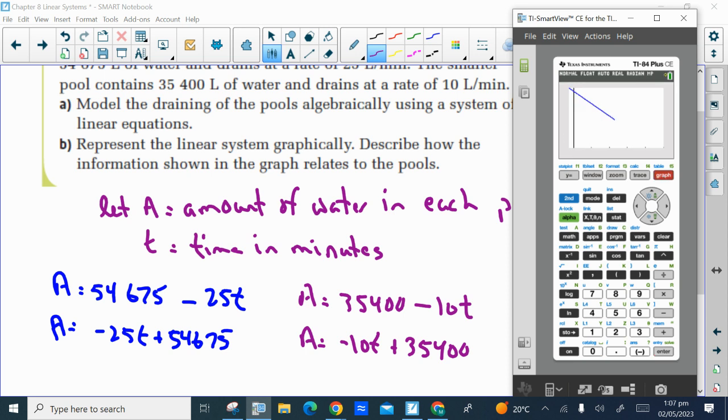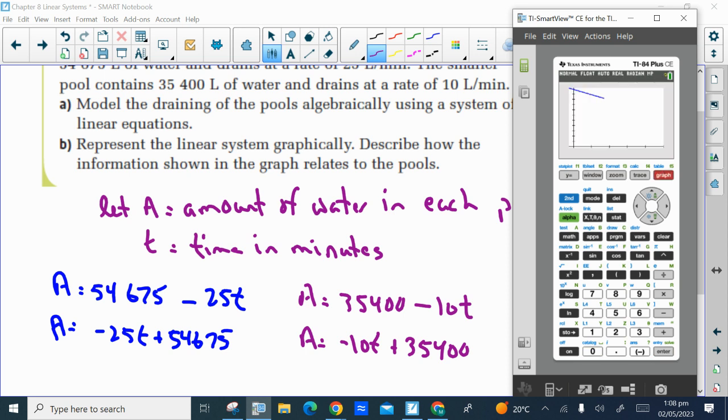Now when I hit graph, I might have to go further to the right, but I definitely have to go lower. My Y minimum is not low enough. So if I go back to window, I'll set my Y minimum at negative 1,000 and set our scale at 5,000.